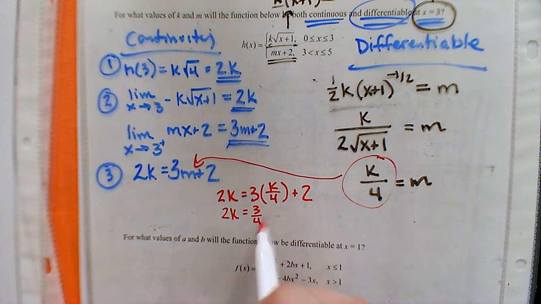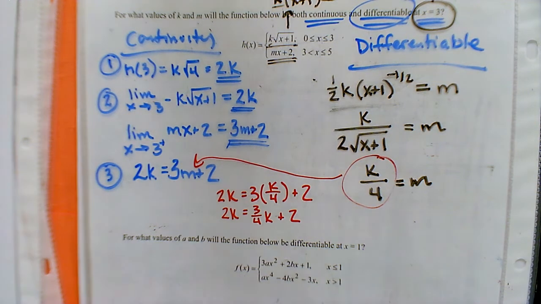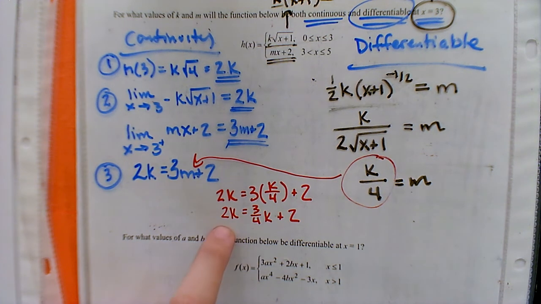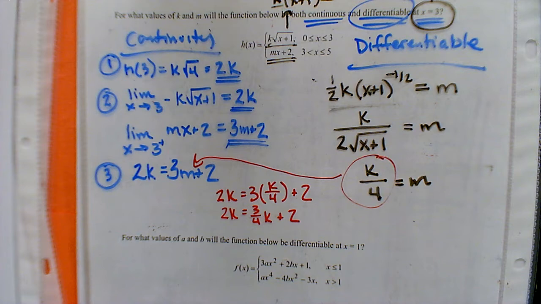This would be 3/4 k plus 2. We can subtract 3/4 to the other side. So 2 minus 3/4 would be, sorry, 1 1/4. That's if you add it.